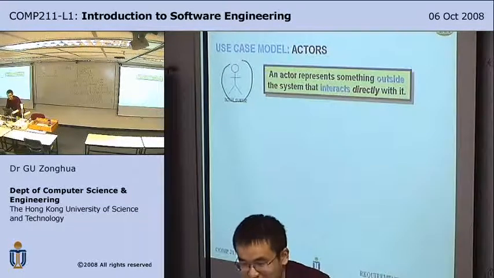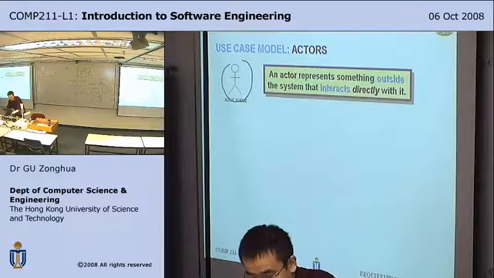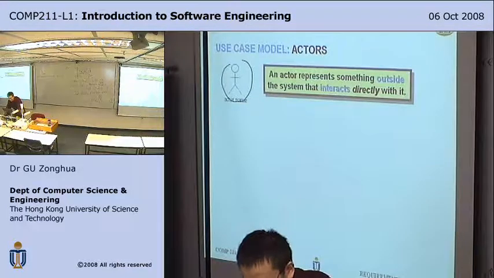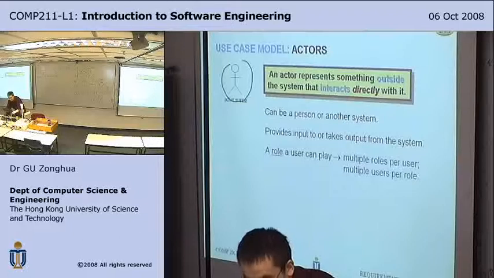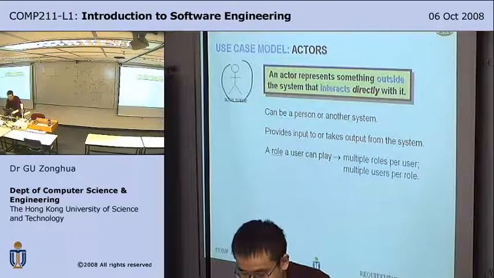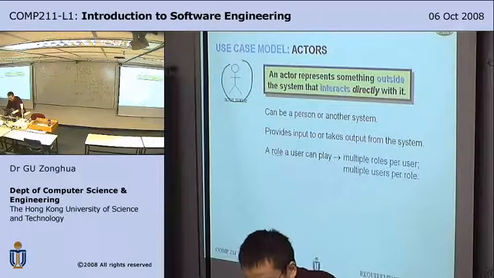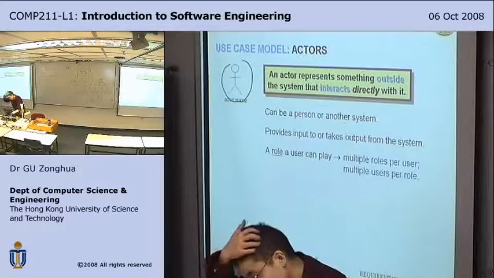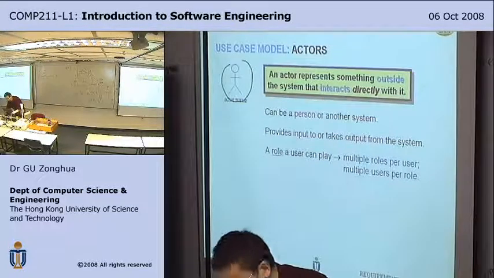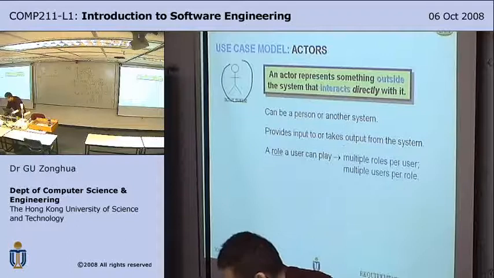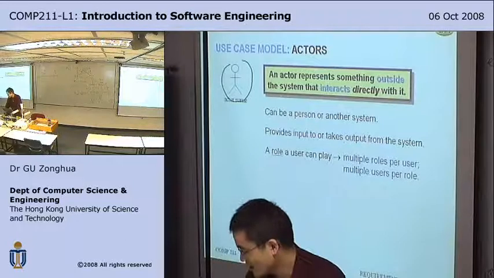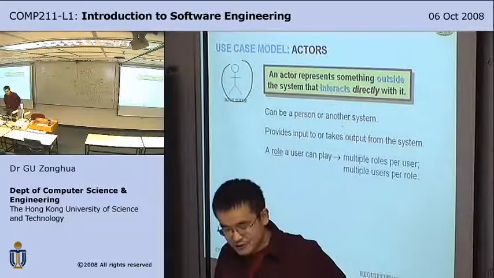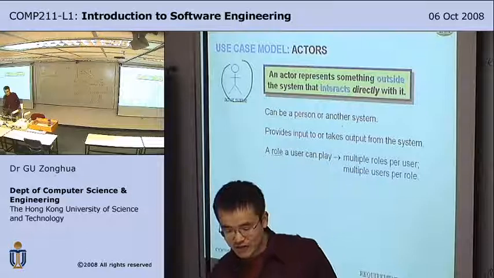Don't try to be artistic and add new details. Always have this circle and sticks. That's enough. So the actor can be a person or another system, provides input to or takes output from the system. So you do not need to describe in detail the actors because they are outside of the system.